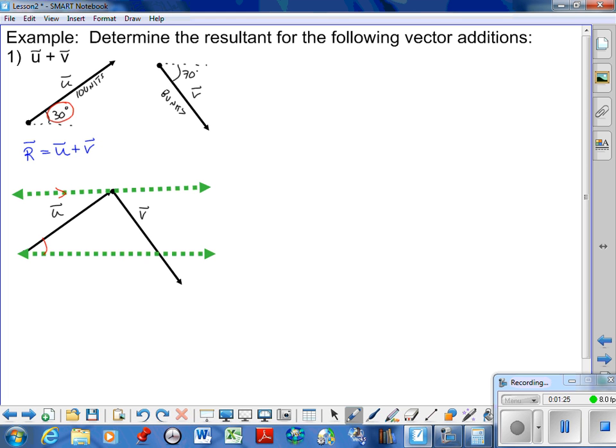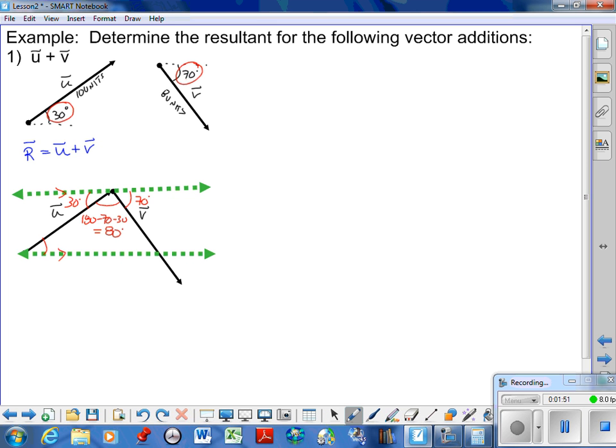Because these two lines are parallel, this angle up here will also be 30 degrees. I'm given that this angle is 70 degrees. So that means I can find this internal angle of 180 minus 70 minus 30. So this is going to be 80 degrees inside the triangle, which means I now have a side, an angle, and a side. So that's step 3.